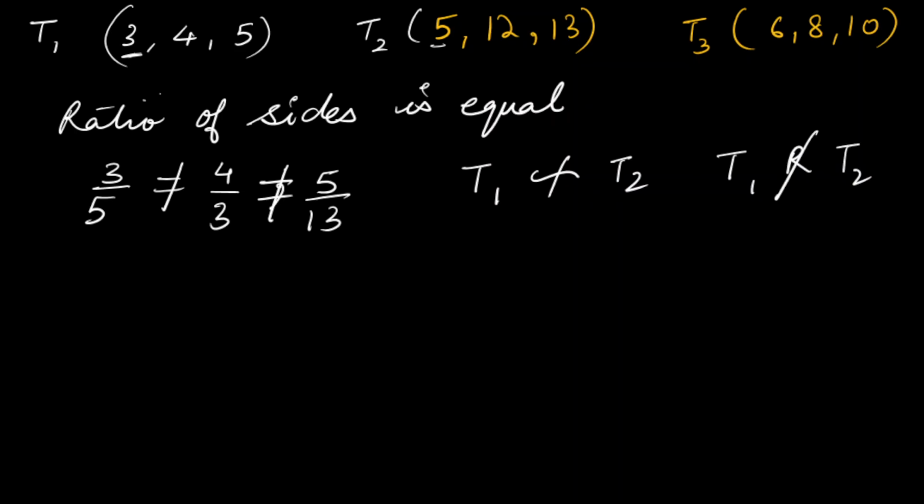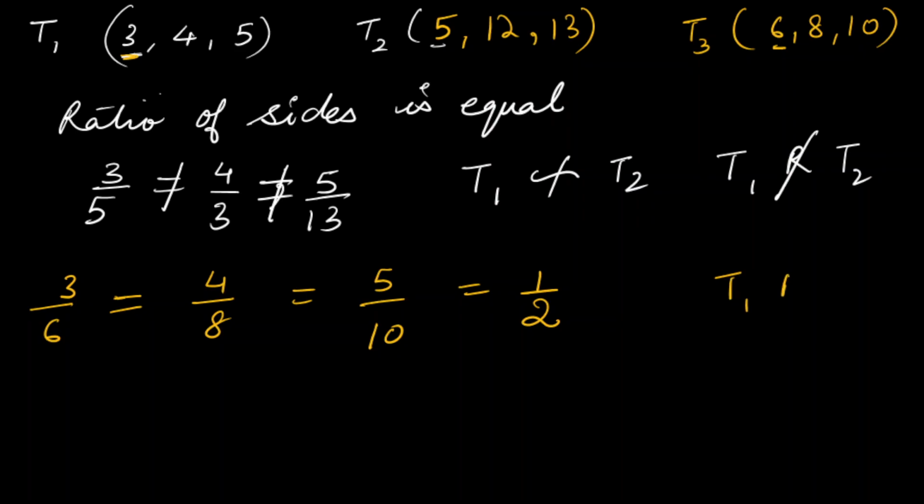Let's check now T1 and T3. Again we have to take the ratio of the corresponding sides. The corresponding side of 3 is 6, of 4 is 8, and of 5 is 10. Taking the fractions, I will get all the ratios equal to 1 by 2.